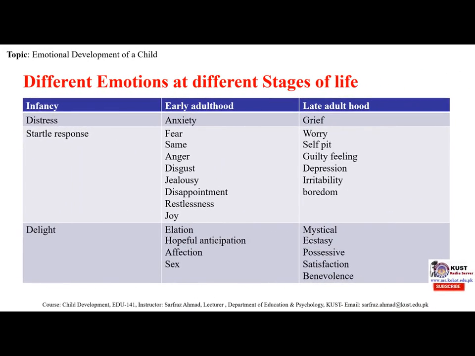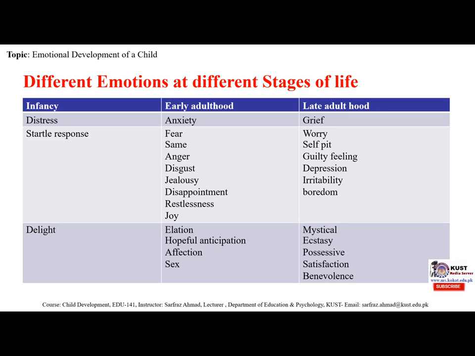Now there are different emotions at different stages of life. When children grow, their emotions are different at different stages. At the infancy level, distress is there, startle response is there, and delight is there.